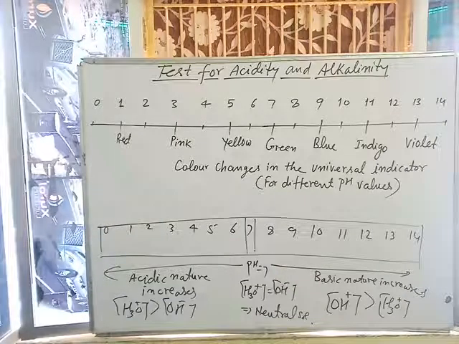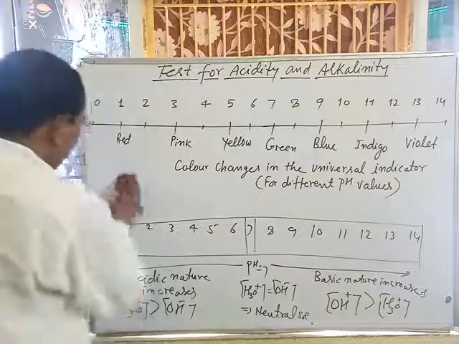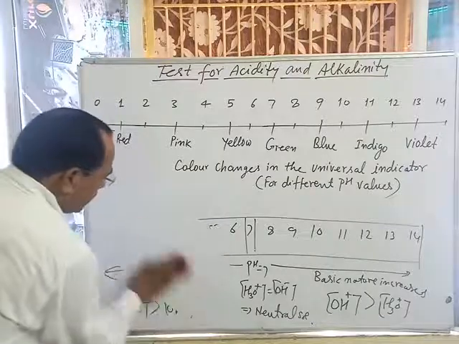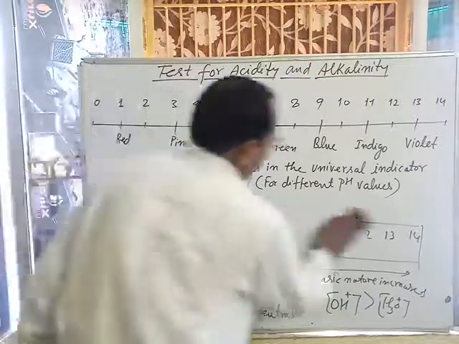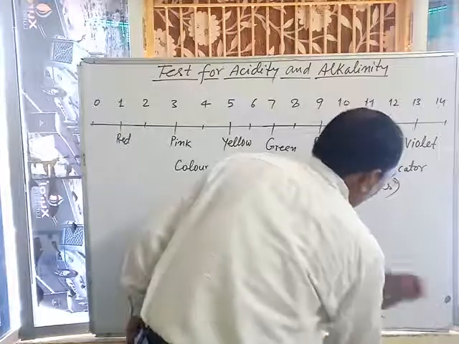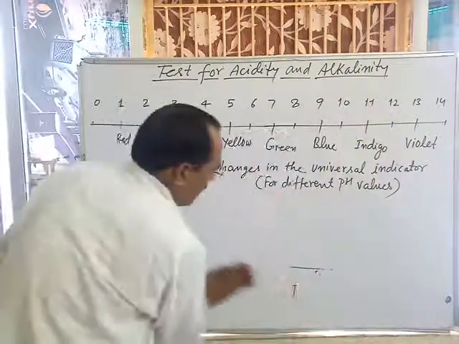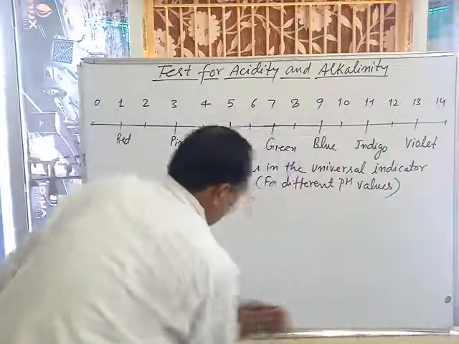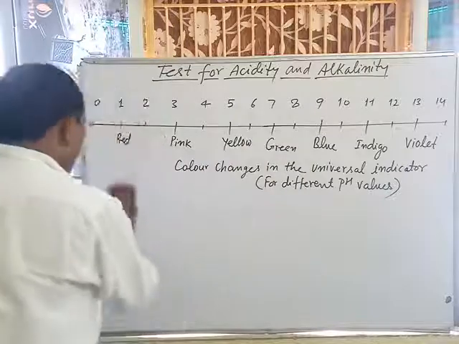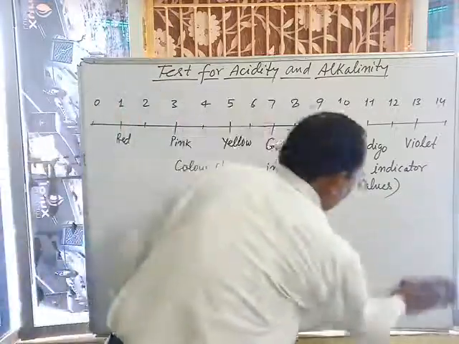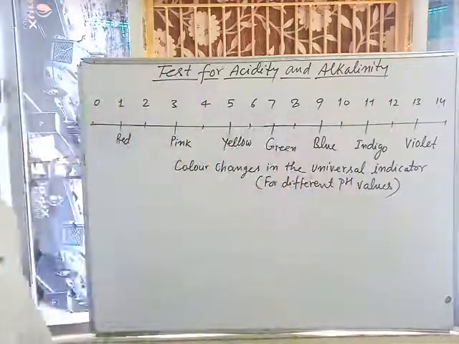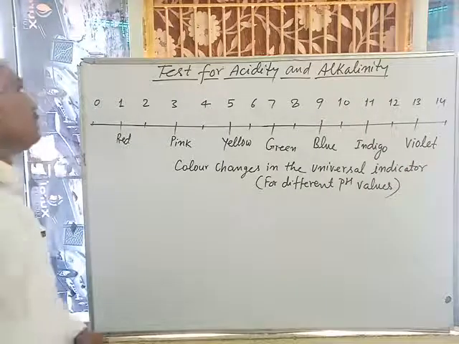The second method used for the expression of acidity and alkalinity of a solution is the universal indicator. With the help of the universal indicator, one can predict the acidic and basic nature of a solution.